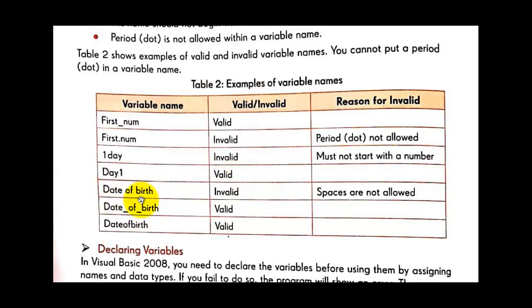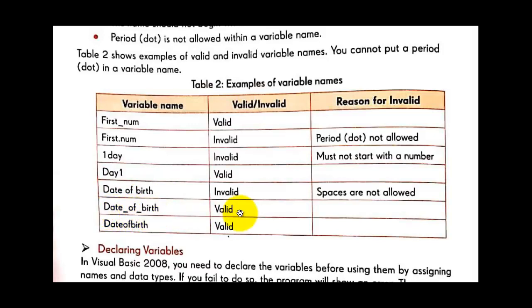Now date of birth. One white space is given here, then of, then another white space, then birth. It is invalid because spaces are not allowed while naming a variable. Instead of writing date of birth with a white space, you can write date underscore of underscore birth.